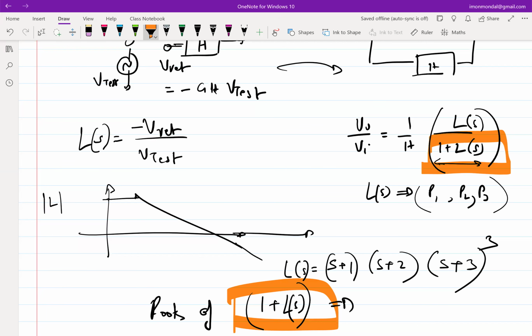So this 100 years or more of control system theory has its foundation in the way it has been taught, because roots of 1 plus L of S are difficult to find. Okay?